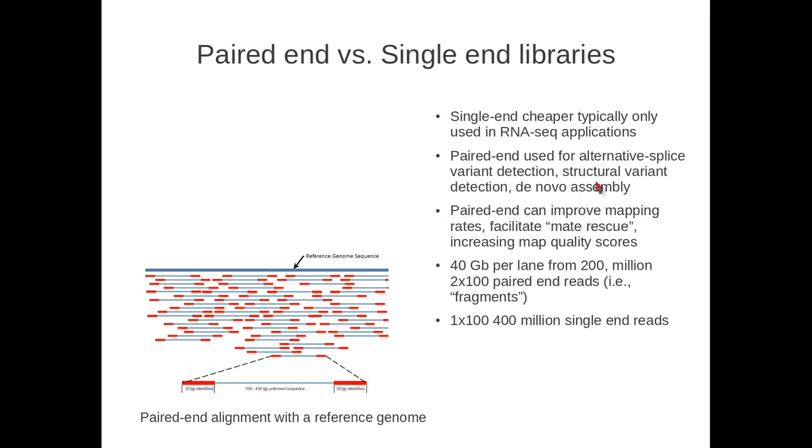Another reason to use paired end, even in RNA-seq studies, is alternative splice variant detection. Imagine that of the two ends of a paired end read, one end is in exon 1 of a gene and the second end is in exon 2. That tells you that exon 1 and exon 2 are both present in that particular transcript. Alternative splicing is very common in the human genome.